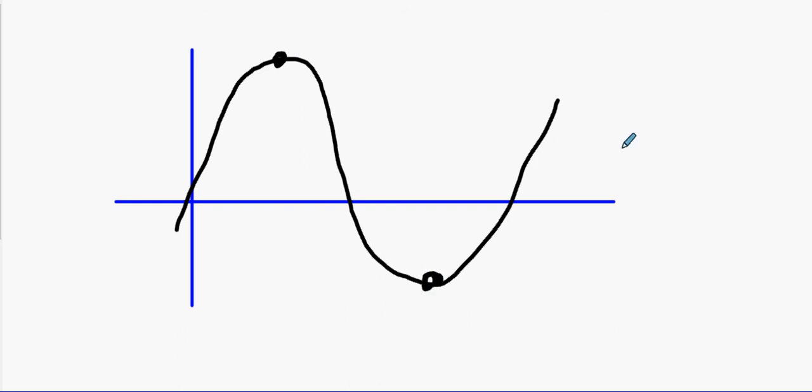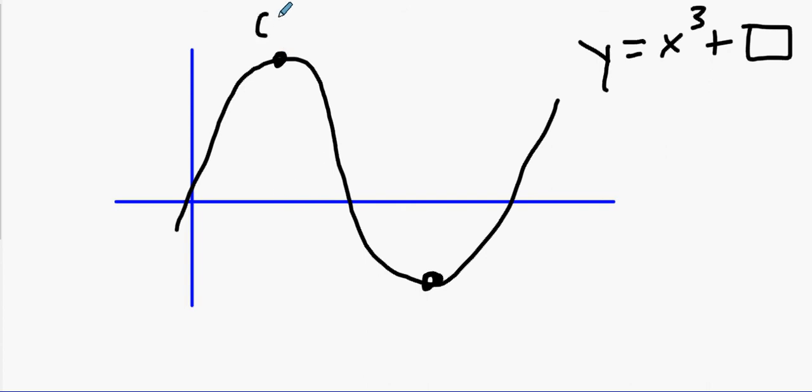Would everybody agree that if you drew a cubic equation of some variety, doesn't matter what it is, and let's say for argument's sake, I say the max is at the point 17 and the min is 3, minus 5. Everybody cool with that?